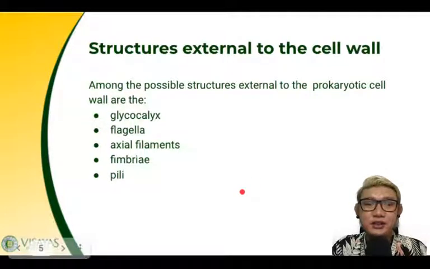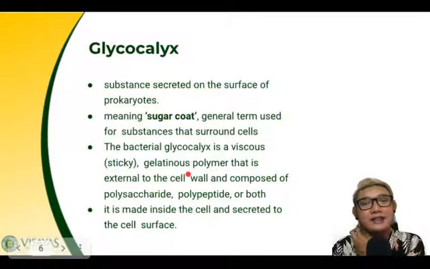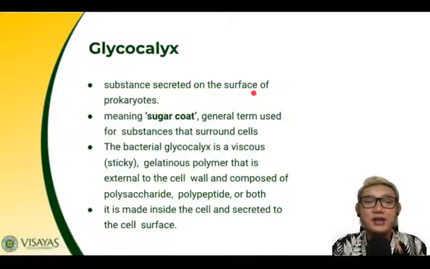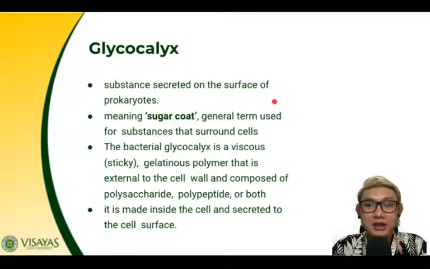Among the possible structures external to the prokaryotic cell wall are the glycocalyx, flagella, axial filaments, fimbriae, and the pili. Glycocalyx are substances that are secreted on the surface of prokaryotes. The word glycocalyx means sugar coat.